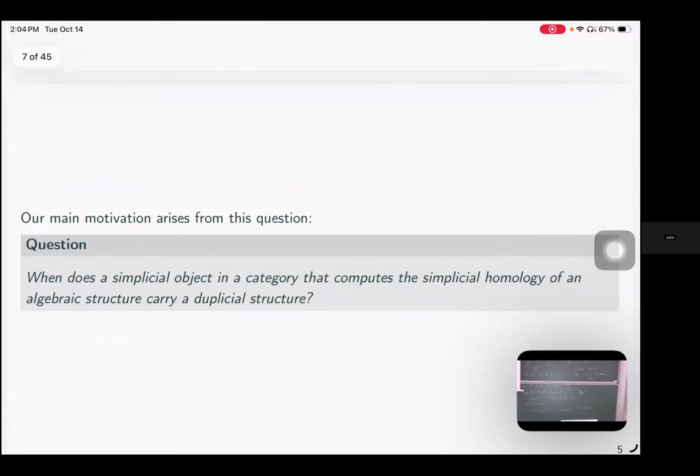Okay, so why are we doing this? We want to answer the question: when does a simplicial object in a category that computes the simplicial homology of an algebraic structure carry a differential structure?